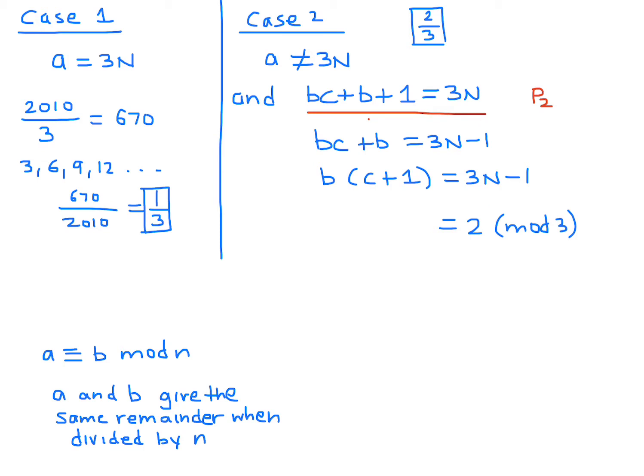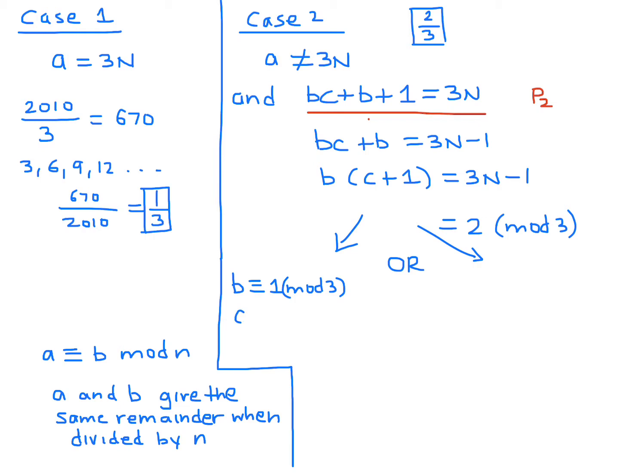Now what about this side? This side, we have two scenarios. For this to be true, it can be either this or this. So there's two scenarios, and I will write both. The first scenario is when you have B is equivalent to 1 mod 3, and C is equivalent to 1 mod 3.